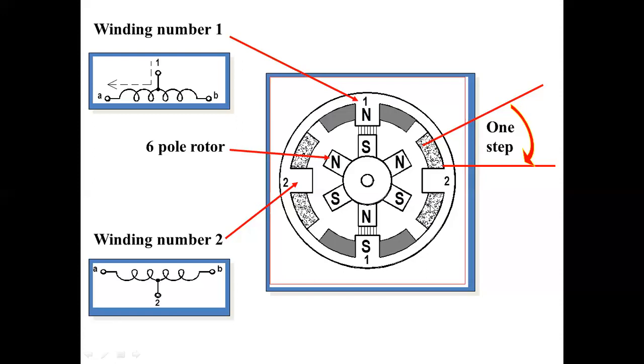Whenever the rotor poles are increased, there is a possibility of a lower degree, that is, the step angle has a low degree value, such as 6 degrees, 9 degrees. This is a very small step angle, very small angular displacement.